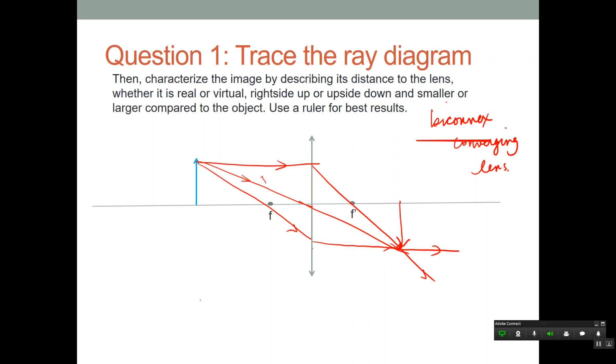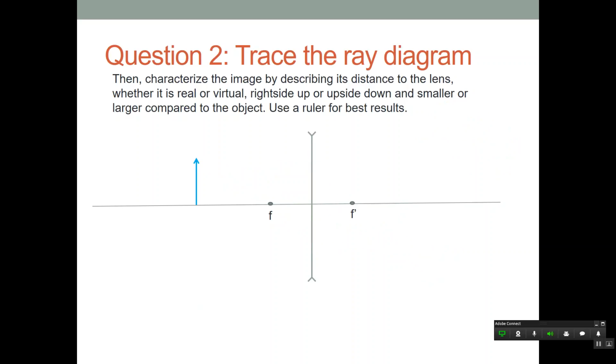I have to know which different things I need to do when my arrows are flipped upside down. So it's not the mirror or the lens that's going to tell me what to do. It's really these two symbols that are going to tell me what to do. So go ahead and do this one. Now, considering that you know that this is a diverging lens. All right. So biconcave.